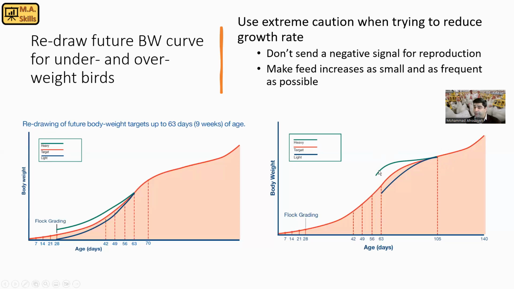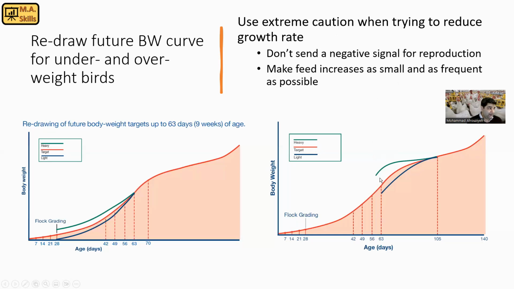Although the body weight gain is positive, it's really small and steady. This is important. That's why when we say use extreme caution, it means don't send a negative signal for reproduction.